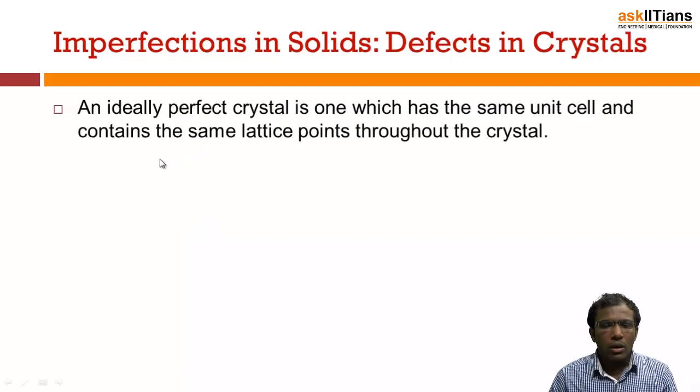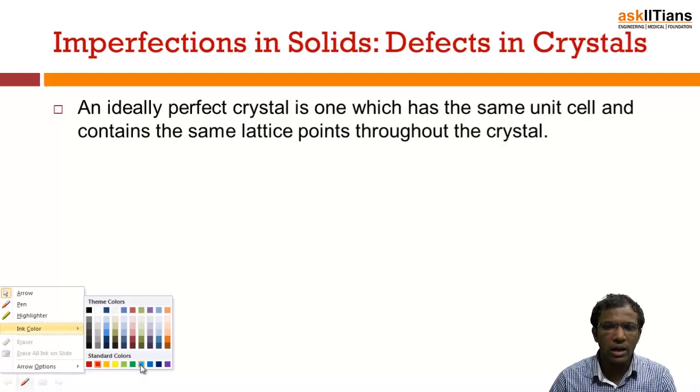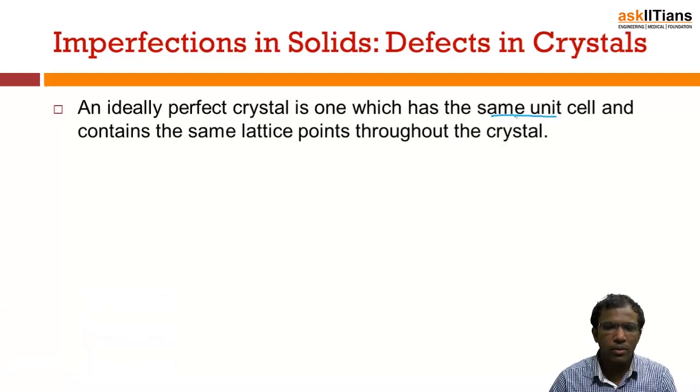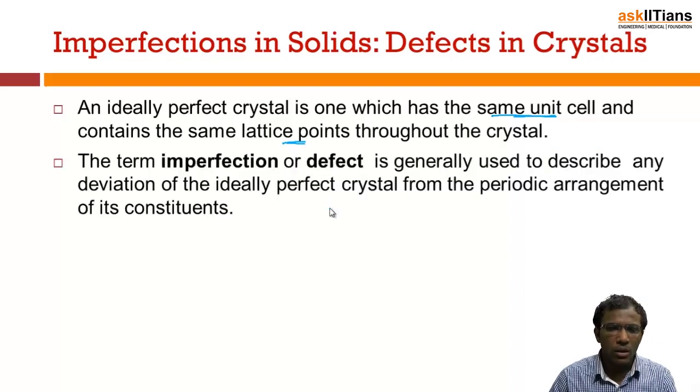An ideally perfect crystal is one which has the same unit cell and contains the same lattice points throughout the crystal, right? And the term imperfection or defect is generally used to describe any deviation from the ideally perfect crystal.